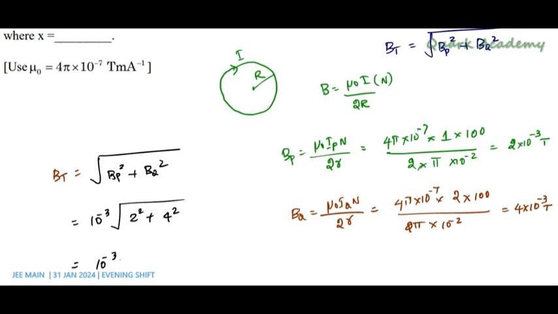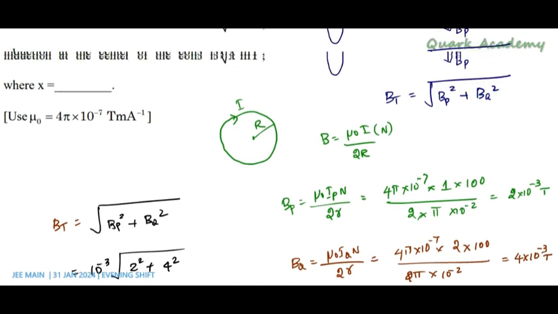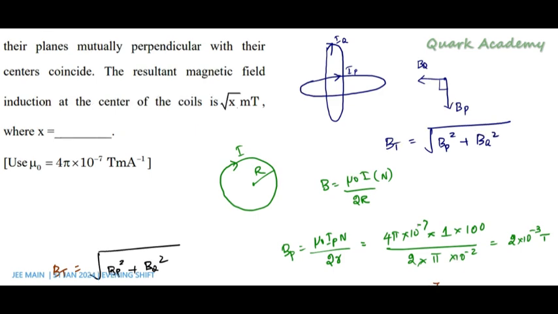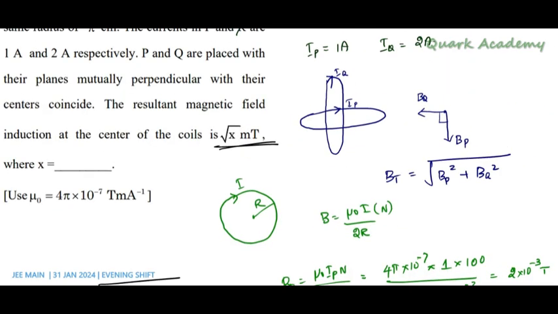So it will become 10 power negative 3 into root 20. Instead of 10 power negative 3, we can write millitesla. When we compare with the question, it is written root x millitesla, root 20 millitesla. So the x value should be 20.